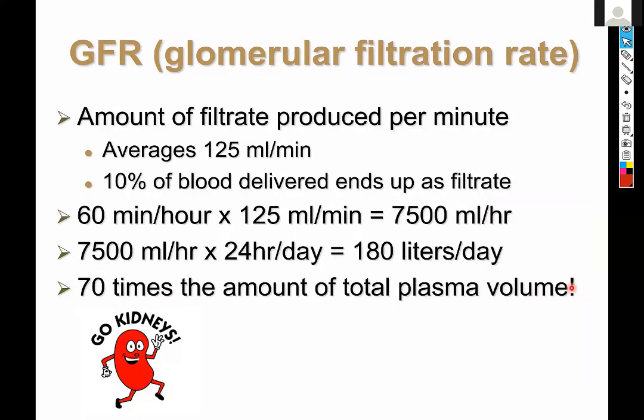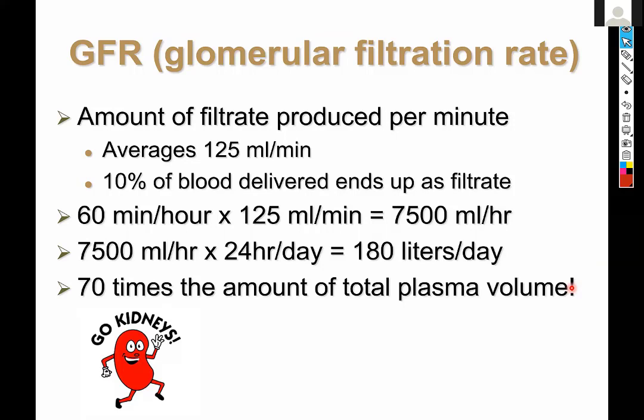This brings us to an important clinical measurement, and that is glomerular filtration rate. So this isn't talking about how much urine you're producing, but rather how much filtrate. So regardless of how much or how little you are urinating out, your GFR should remain roughly steady.